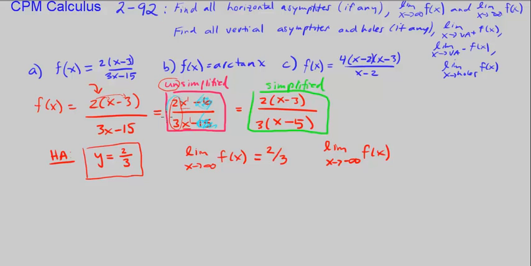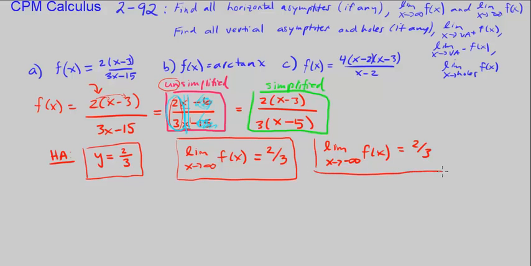So we're just going to be looking at 2 times a big number divided by 3 times that same number. These big numbers are going to cancel out, and we're still going to get 2 over 3. Okay, so the limit as x approaches infinity is 2 over 3, and the limit as x approaches negative infinity of our function is still positive 2 over 3.